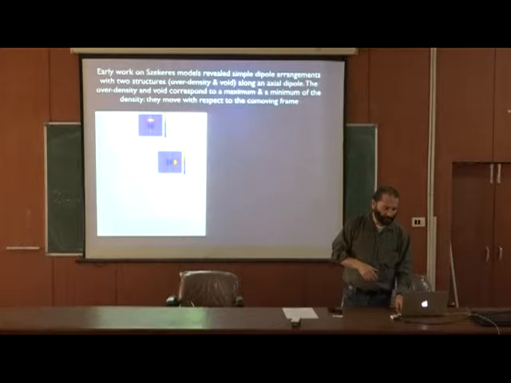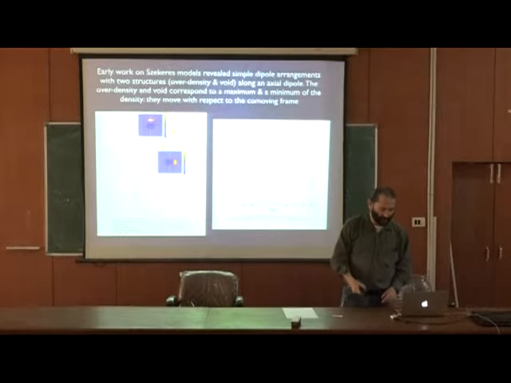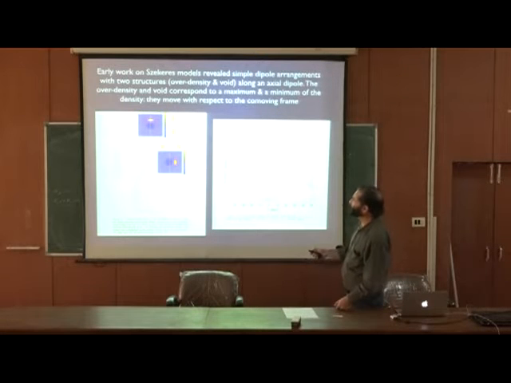In fact, what you have is something of this type. This is early work on Szekeres models. This is the axis of the dipole, and there is axial symmetry, and what you have is an overdensity next to a void. This would be the density profile, the overdensity and the void.